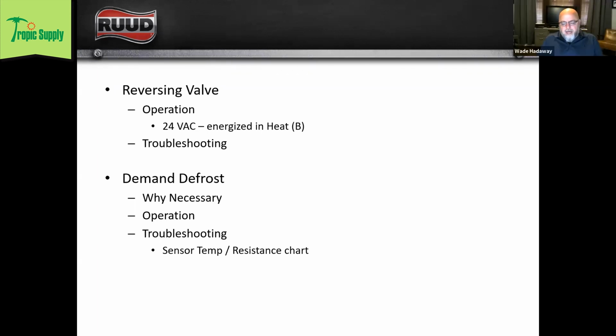It's going to go into defrost after 6 hours of runtime if the coil sensor is at or below 35 degrees, not the ambient sensor. So it's looking at coil temp. If the coil sensor fails, it can't monitor that temperature, and so it won't go into defrost. So I'm sorry if I wasn't clear about that earlier.